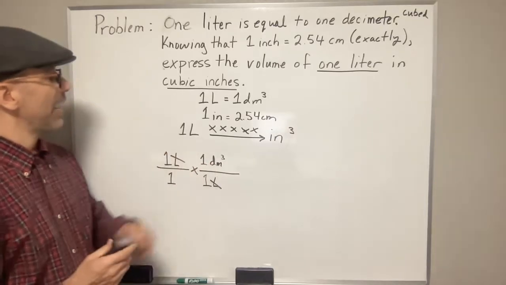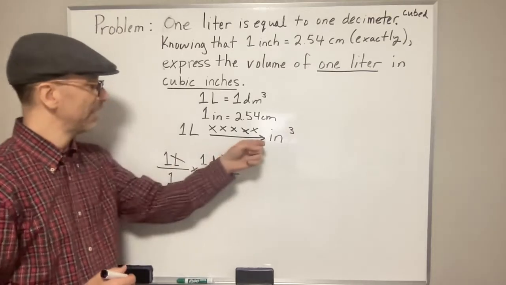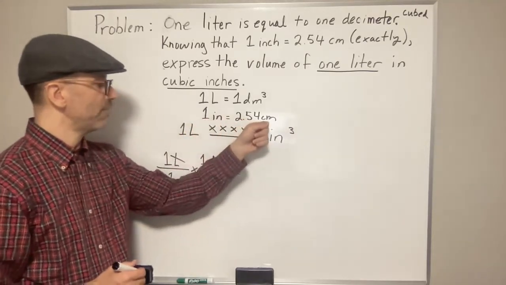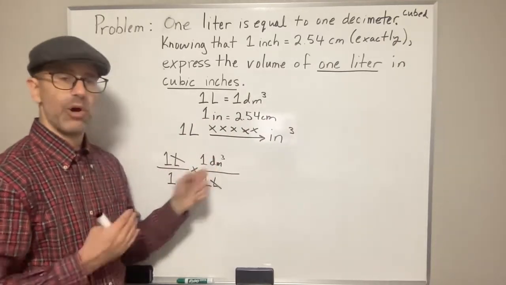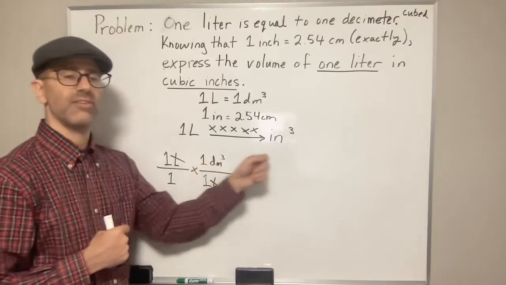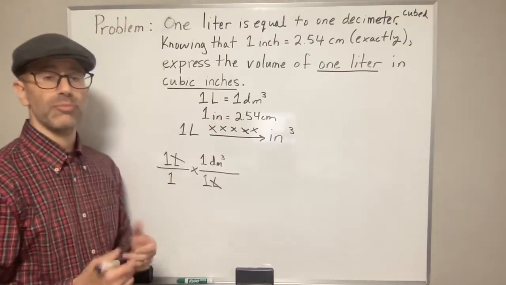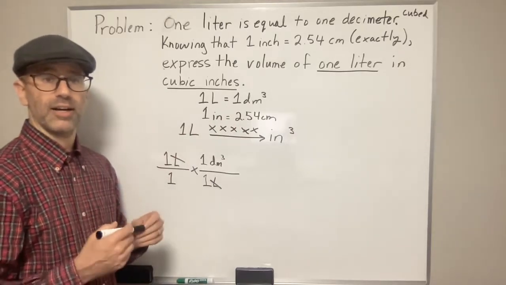Now what do I need? I still need inches cubed. So I need to get the inches somehow. I have 1 inch is equal to 2.54 centimeters, but I don't have centimeters. I have decimeters. So if I could convert this to centimeters, then I can use this. So I'm going to have to use my metric system and my metric prefixes.